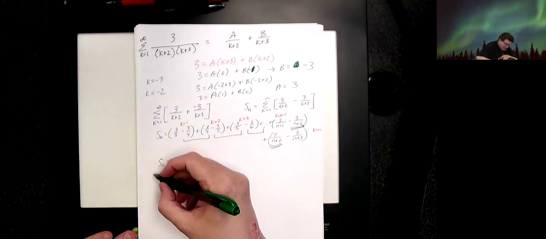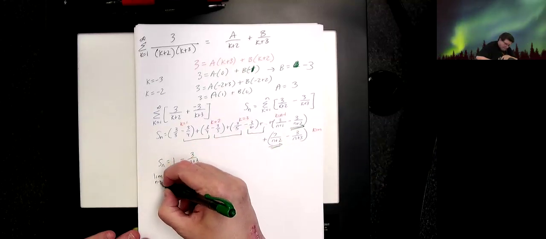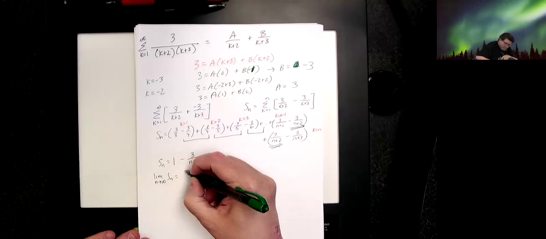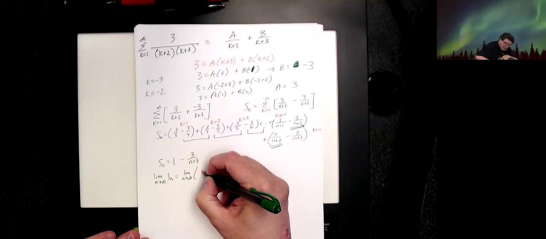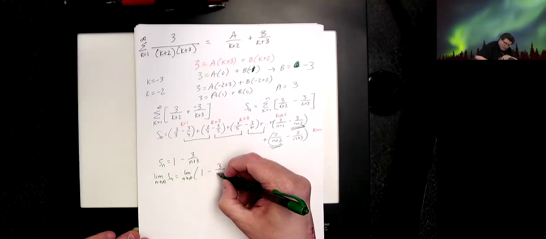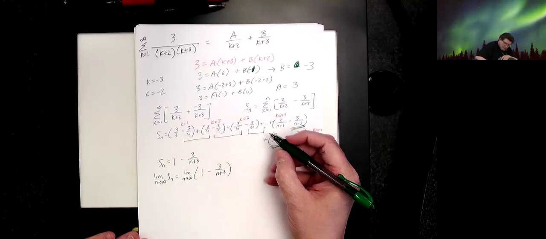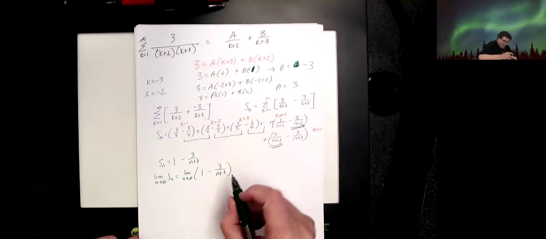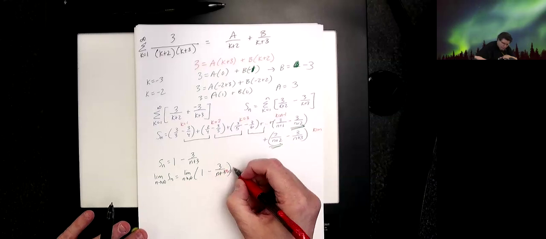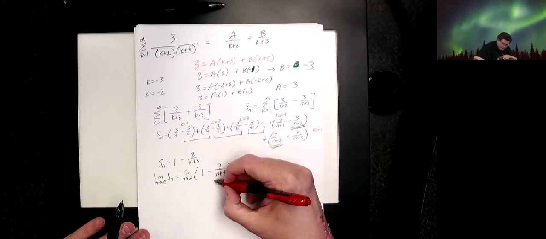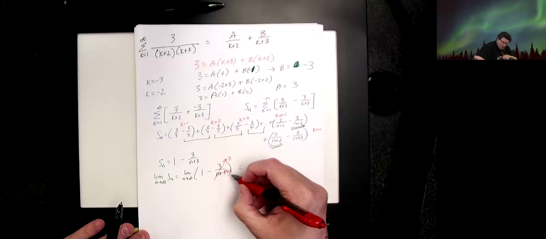And if we do the limit here, the bottom goes to infinity, which means the whole thing goes to 0 there, and we're just left with the 1.